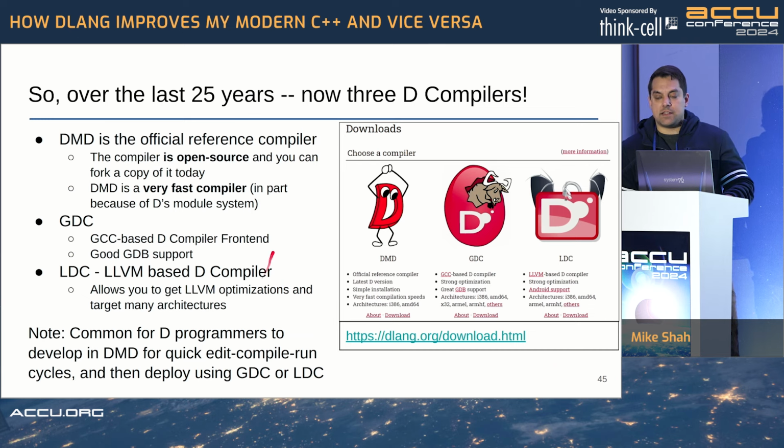And then you've got the GCC implementation called GDC, and then the LLVM or Clang-based compiler called LDC, and those are the compilers used to generate your optimized code. So you get this really nice development cycle where you compile in DMD, and then can run and optimize your code for different platforms with GDC and LDC.